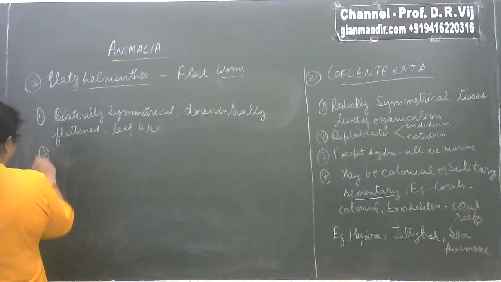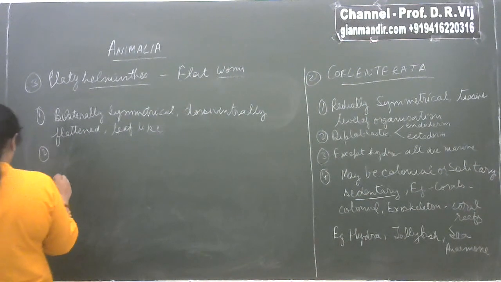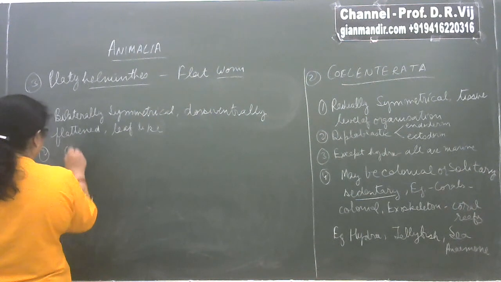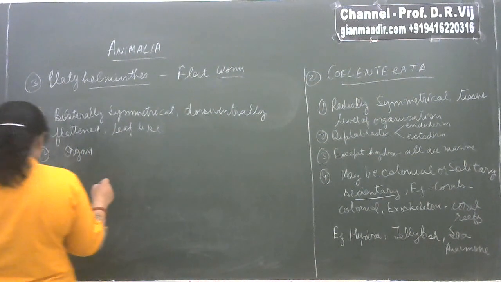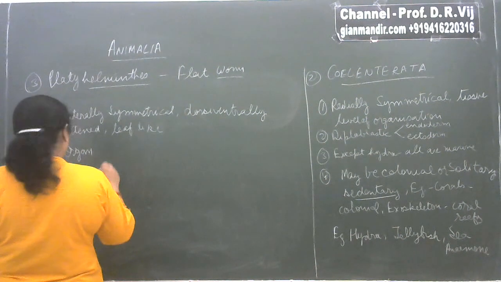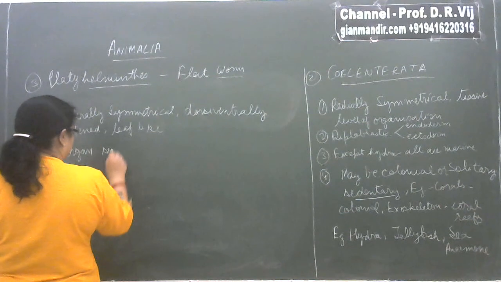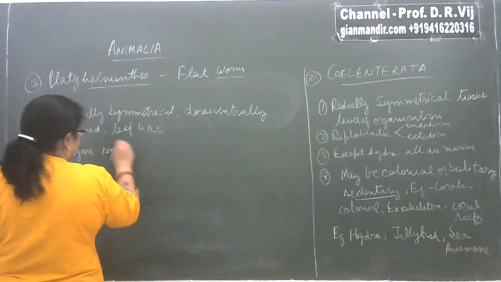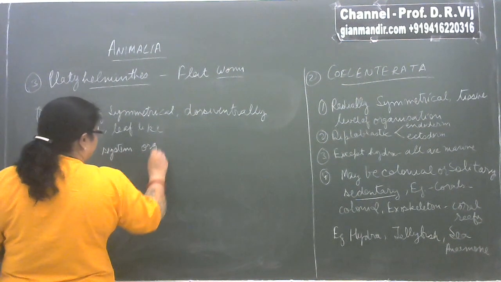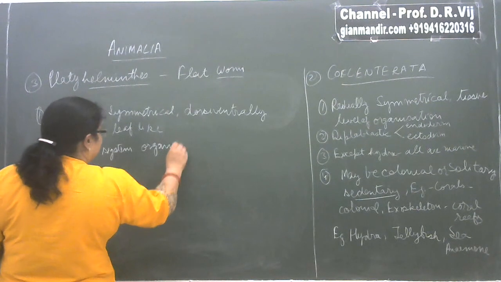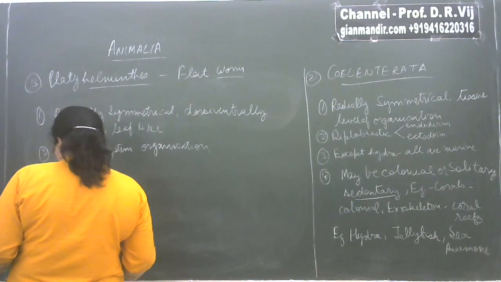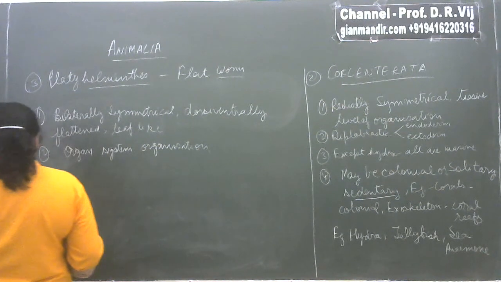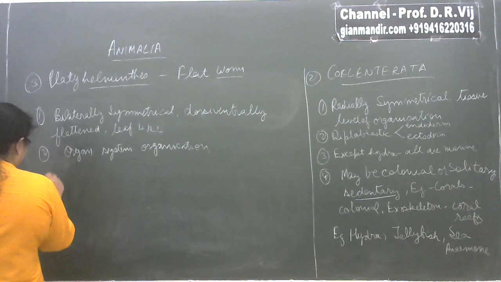And now here the organ system has started forming. So you can say that they have organ system of organization, as the complexity has increased from cellular level to tissue level and then organ level.